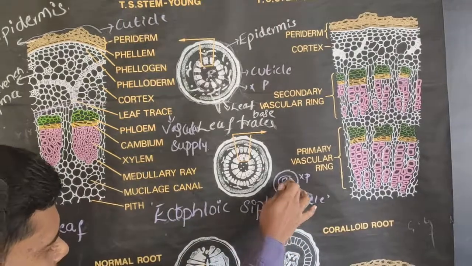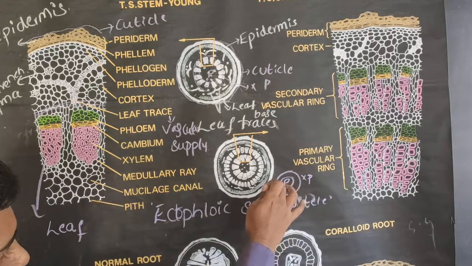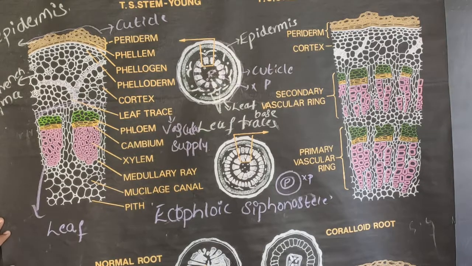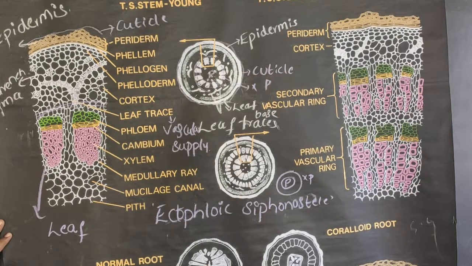The central pith is covered by a ring of xylem, and these two are covered by a ring of phloem. This condition is known as ectophloic siphonostele. So in the cycas stem, the nature of the vascular bundles is ectophloic siphonostele.